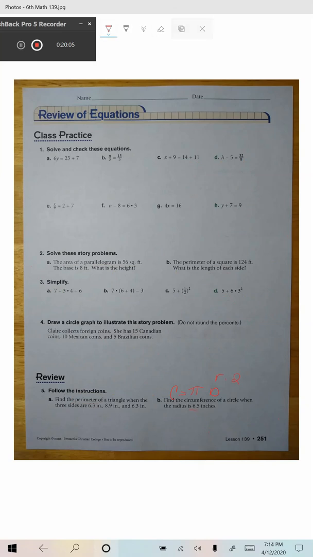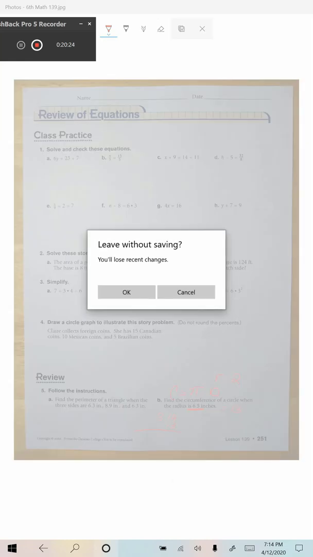And they do give us the radius, so we need to double that. So 6.5 times 2 is 13. Am I correct? And at that point, you would just do 3.14 times the 13. All right, I'm going to go to the back.